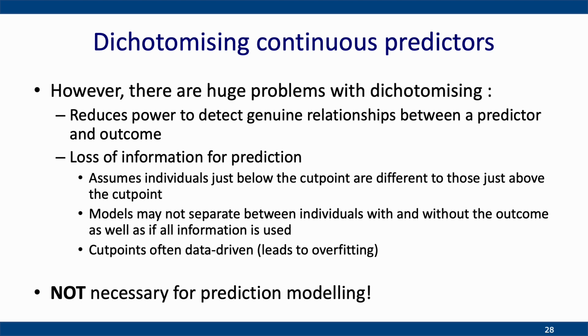Your whole point of doing the model is to try and individualize risk prediction as far as possible. You're also making some very bizarre assumptions, like somebody with a PSA of 3.99 is different than somebody with a PSA of 4.01, which is nonsensical and biologically irrational. So, cut points and categorization should, wherever possible, be avoided, and it's not necessary.